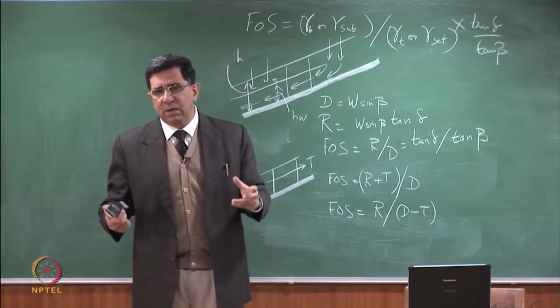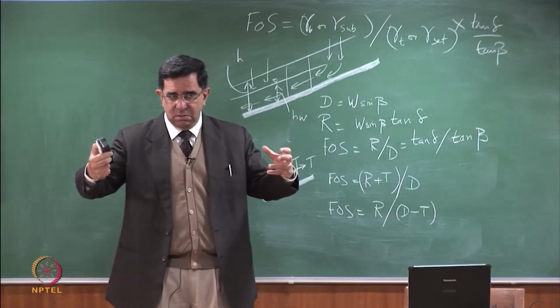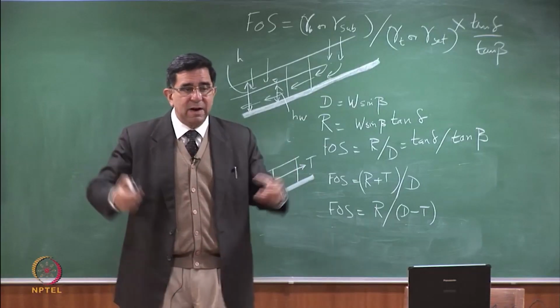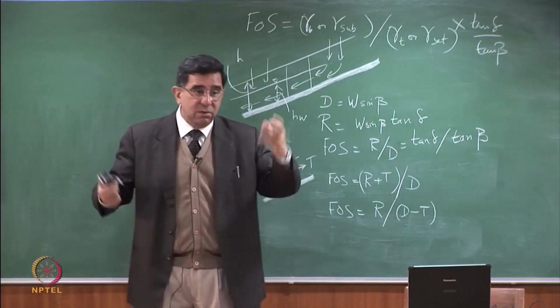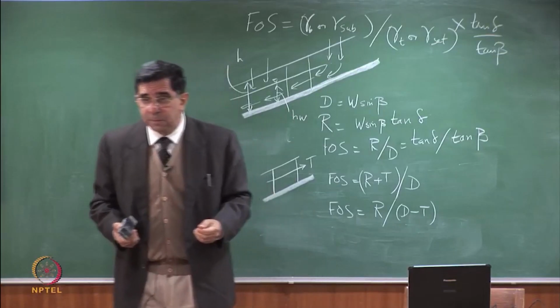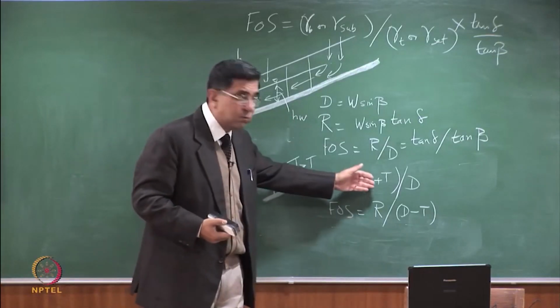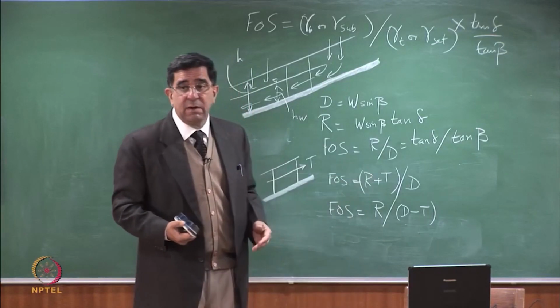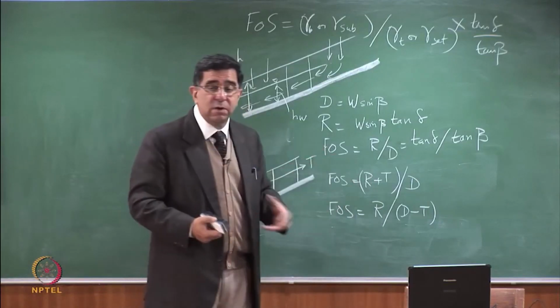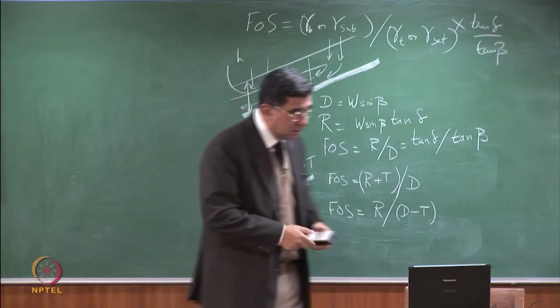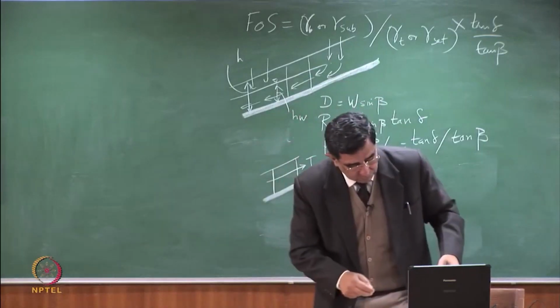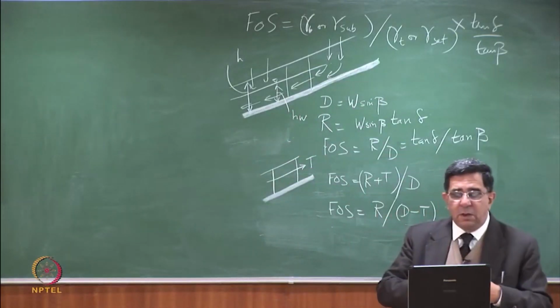So that's a kind of an enhanced value of having an infinitely stable slope. So I prefer to use this formula instead, where it will not go to infinity. But both exist.